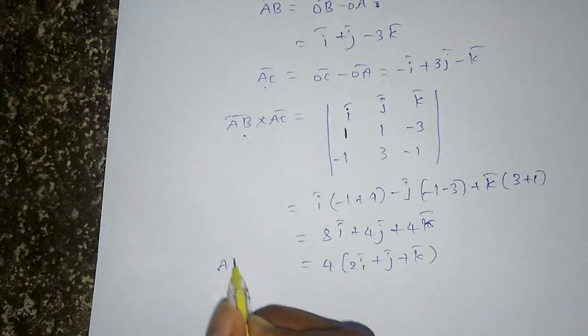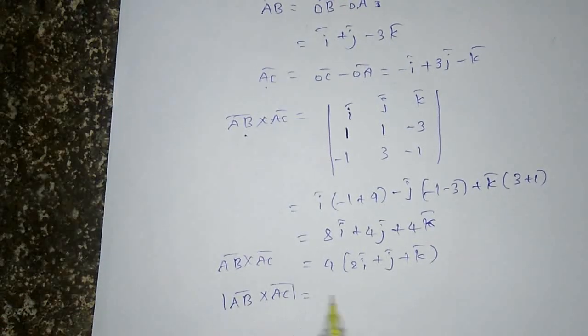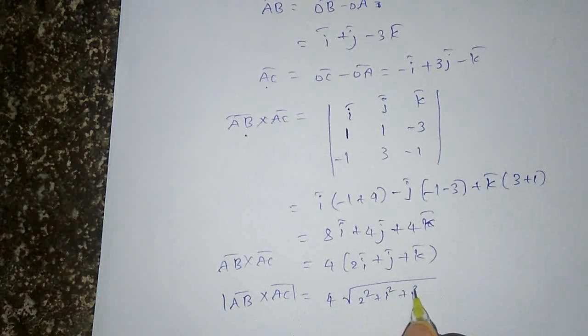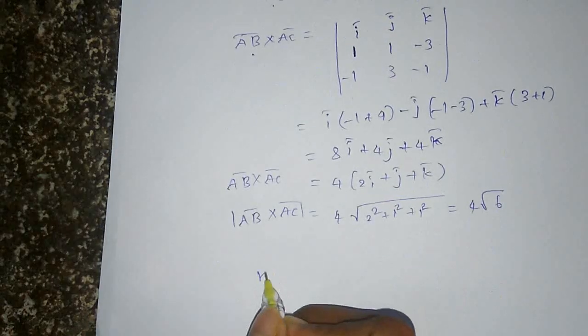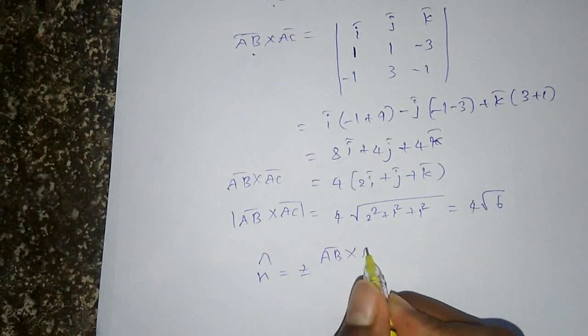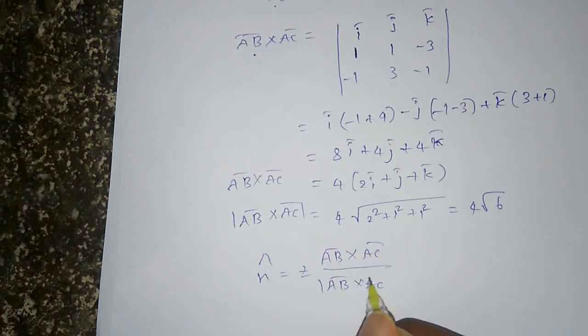Okay, this is AB cross AC. Now what is the magnitude here? AB cross AC magnitude is 4 into root of 2 square plus 1 square plus 1 square, that is 4 plus 1 plus 1 is 6, 4 root 6. Therefore our required unit vector, substituting in the formula, is plus or minus AB bar cross AC bar by mod AB bar cross AC bar.